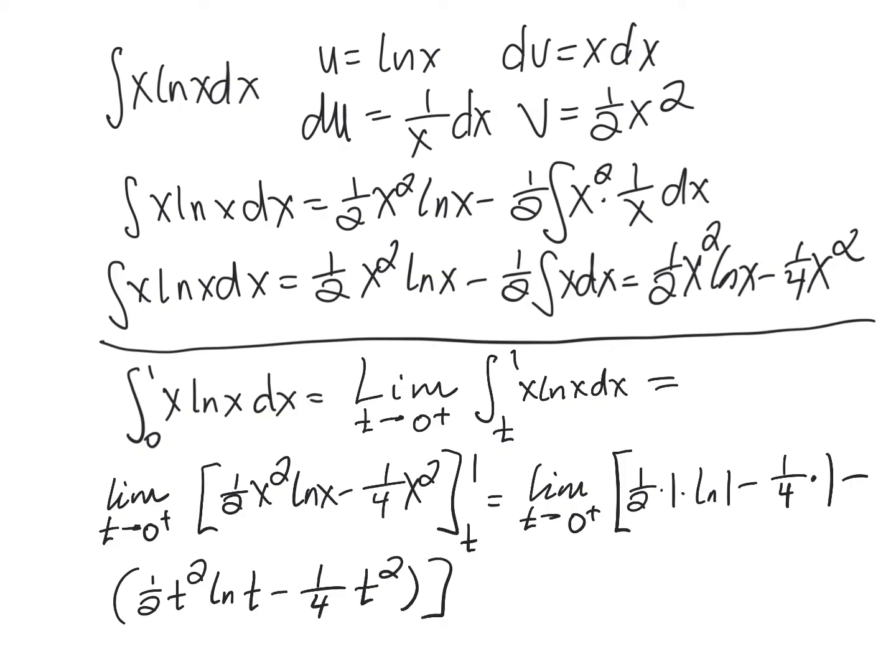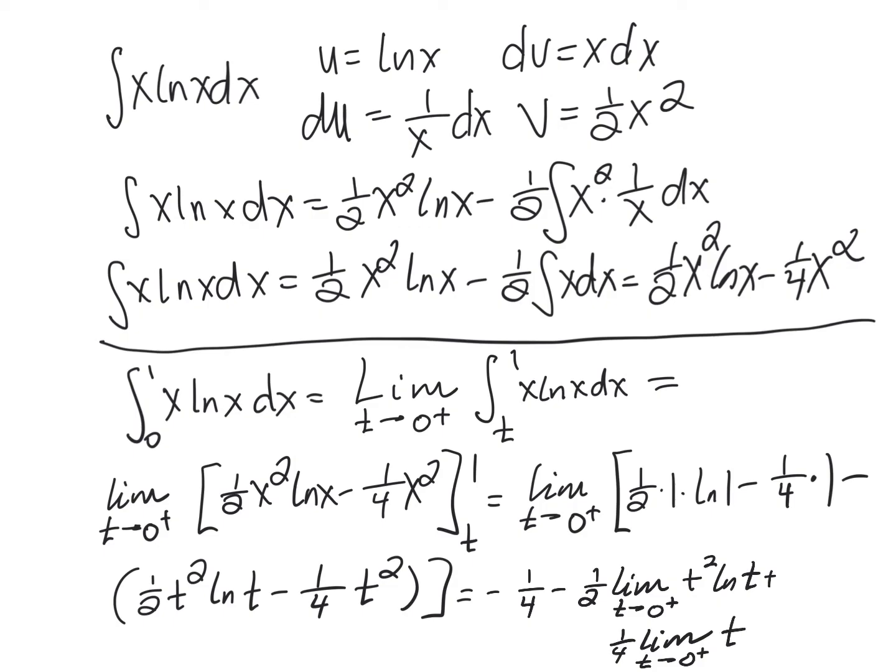Natural log of 1 is 0, so this equals negative 1/4, which is a constant, minus 1/2 times the limit as t approaches 0 from the right of t squared natural log of t, plus 1/4 times the limit as t approaches 0 from the right of t squared.